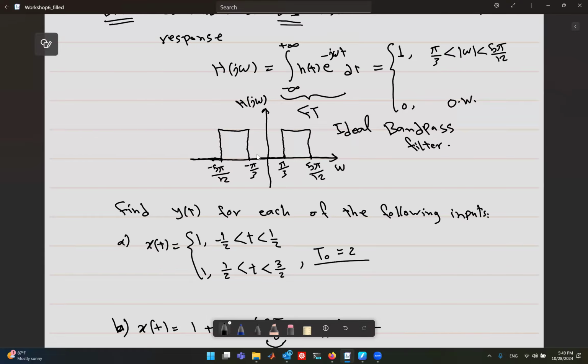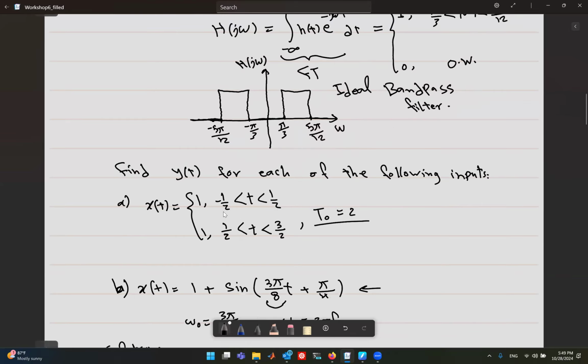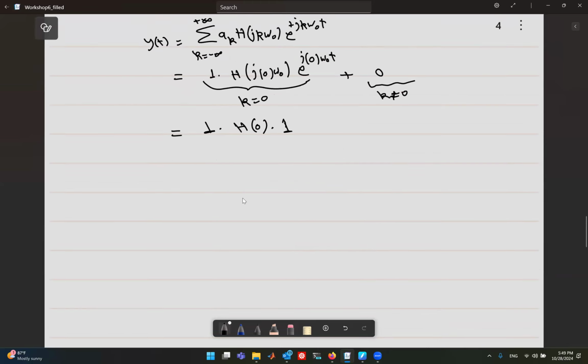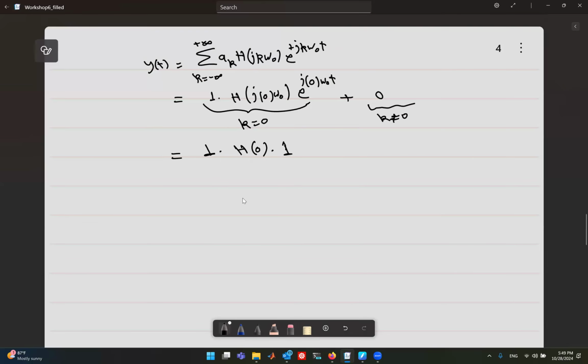At 0, it will be 0, because we are outside of those two bands, and if you substitute also in this equation, you will be outside this range. So h at 0 is 0, which is 1 times 0 times 1, which is 0. So the output is 0.